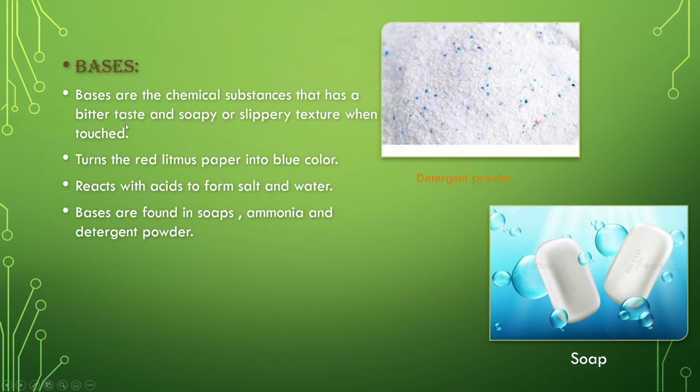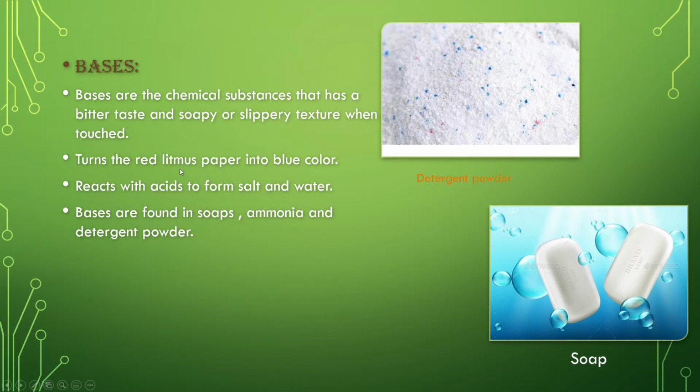So bases are chemical substances that have a bitter taste. If we taste, it is bitter in nature, and it has a soapy or slippery texture when touched. It turns red litmus paper into blue color.